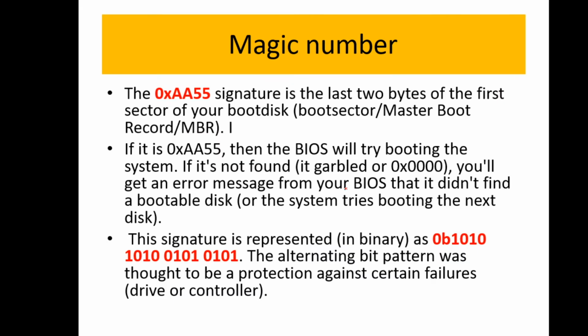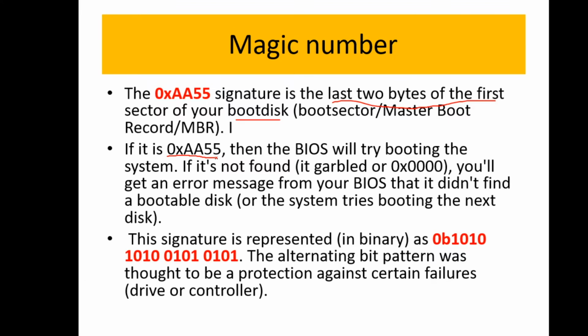We said that was a magic number. This magic number is called the signature of the MBR. This is 0xAA55, a signature in the last 2 bytes of the first sector of your boot disk. If this 0xAA55 is found, then the BIOS will try to boot the system.